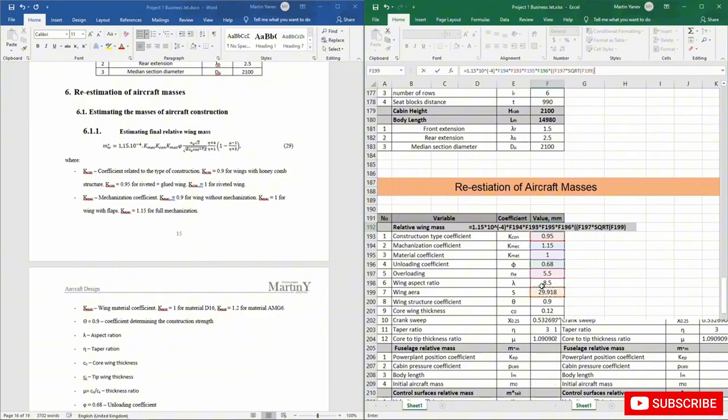Let's close the other bracket as well, and then I will divide this by the SQRT, so square root, and this is all square root.